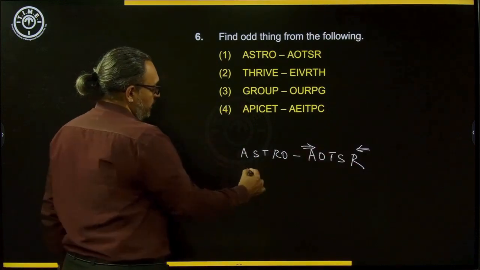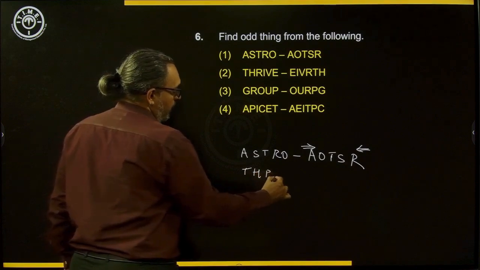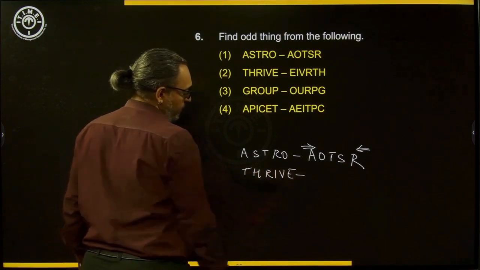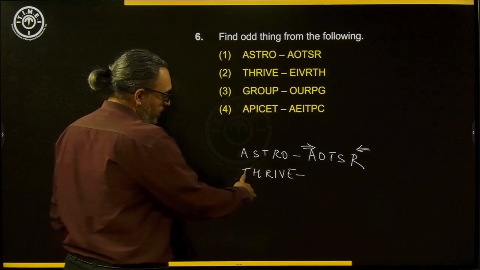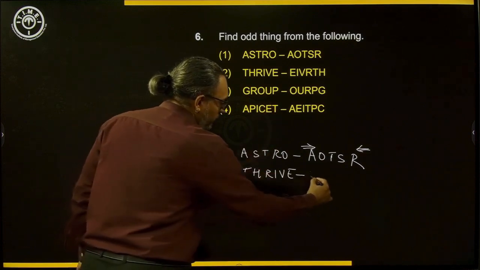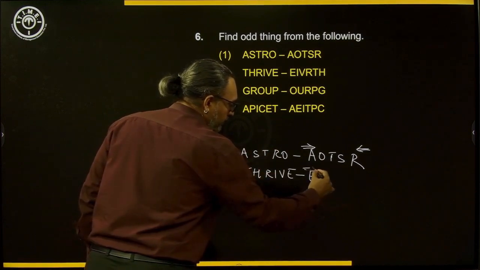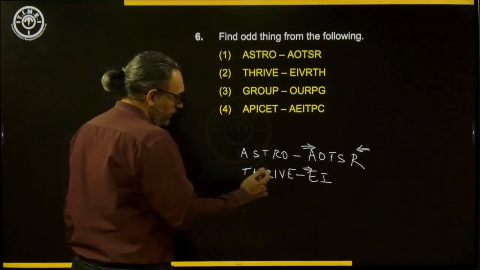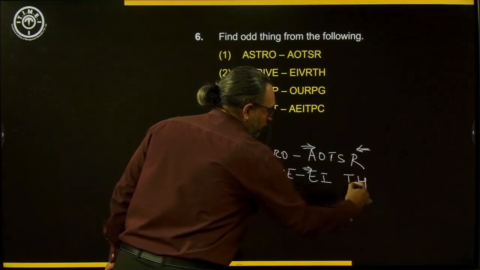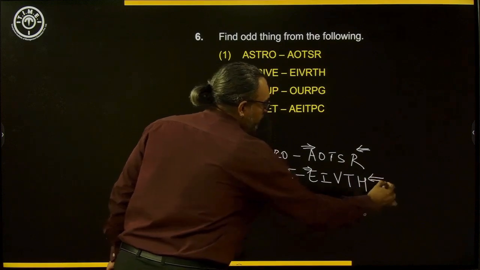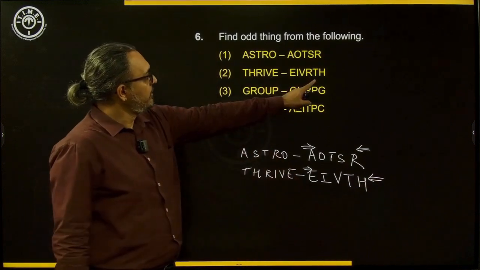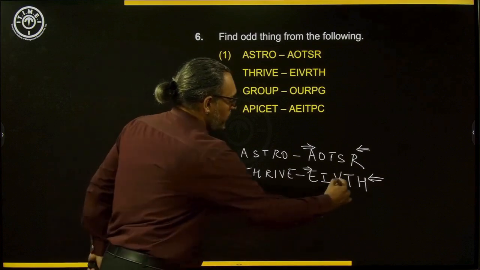Okay, now let's see THRIVE. So it is given as EI, okay, that is fine. You have EI, yes, but HTV should have been there, correct? Acha, R is also there.